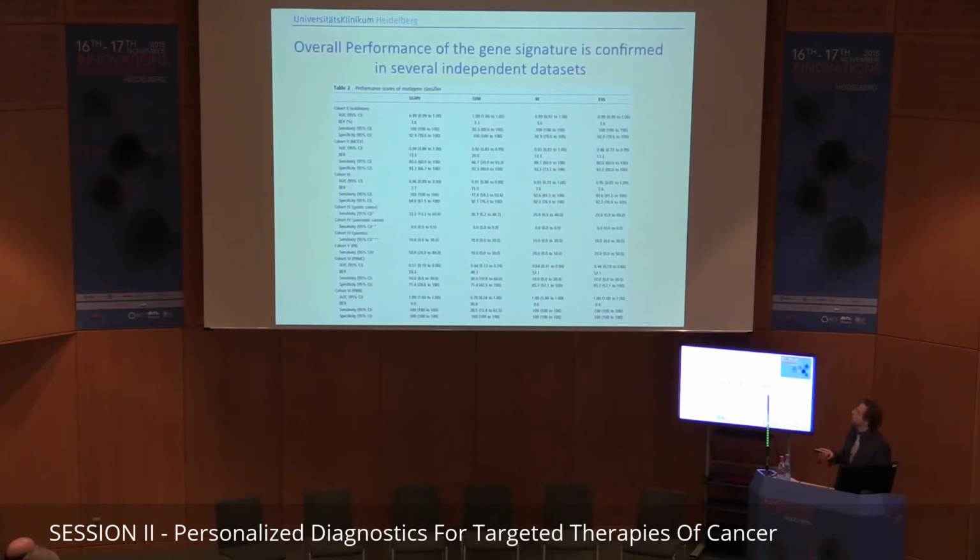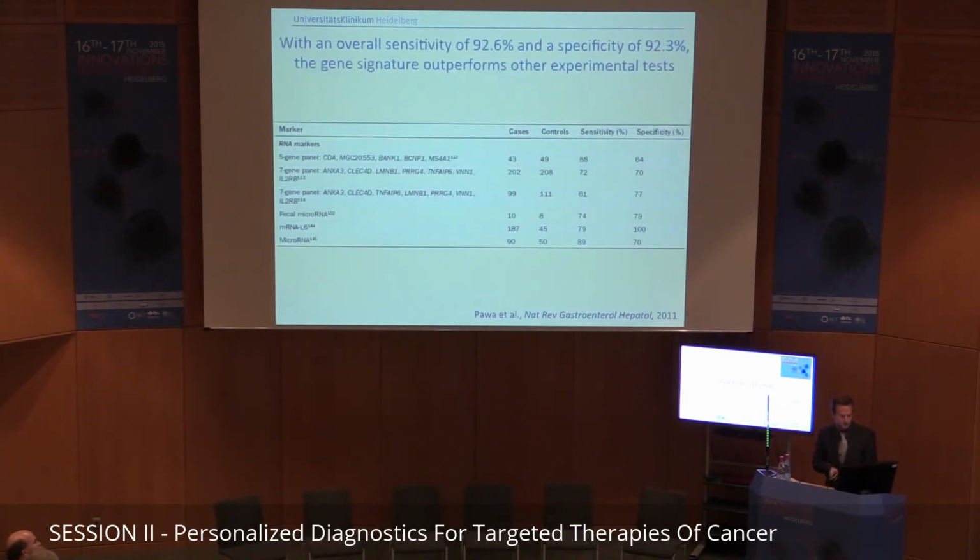So in total, overall, in these cohorts, we were able to show a robust and impressive performance of the screening test with, as mentioned, about 92% sensitivity and specificity, which, depending on the precise cohort, ranged up to 100%.